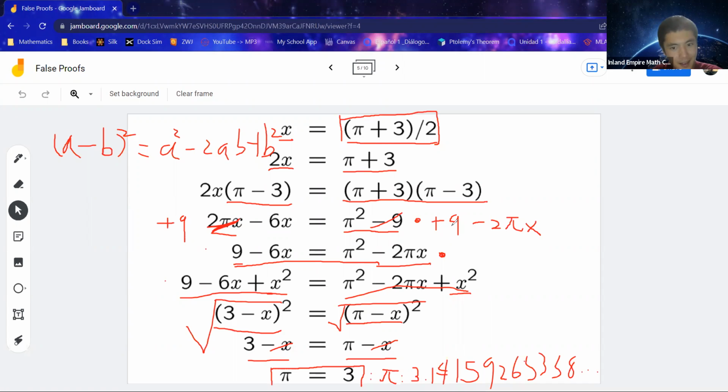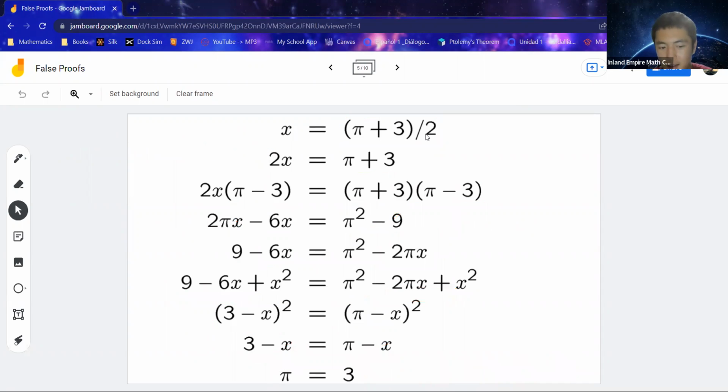Somebody tell us how we got this amazingly inaccurate result. Are we a little stumped? It's something with this.